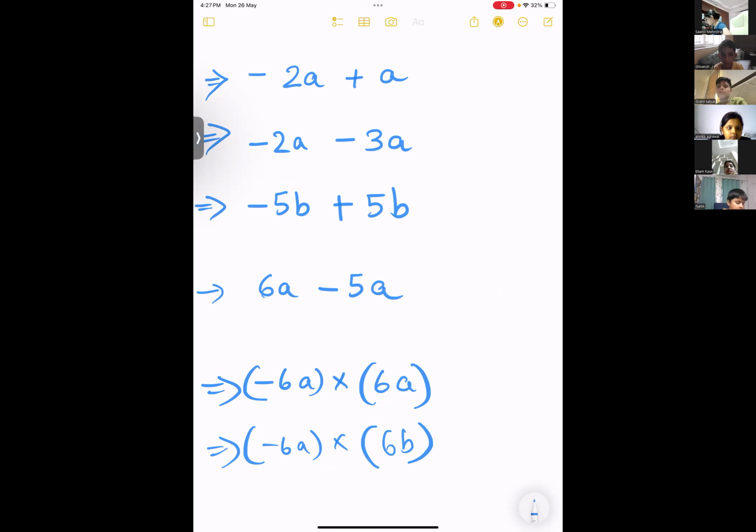No, the sign will also be negative because that depends on which number is bigger. So 2a is bigger than a. See, when we have a negative and a positive, and when we are adding them, you have to subtract. For sure, you will have to subtract, and then whichever number is higher, you will have to take that sign.